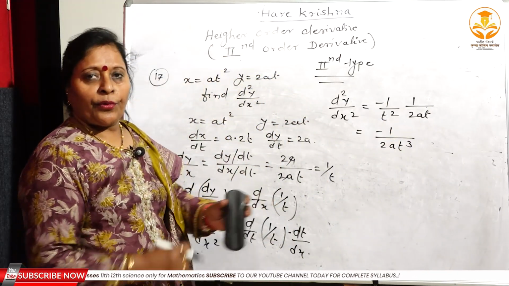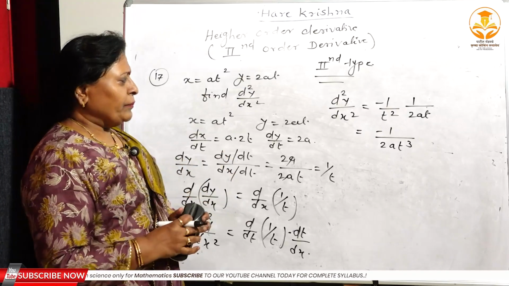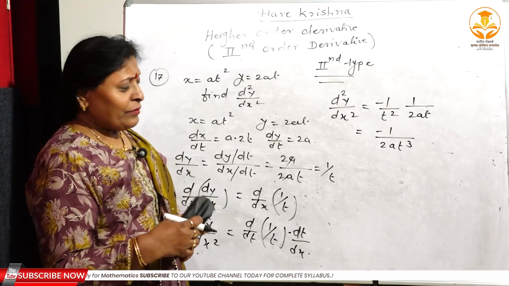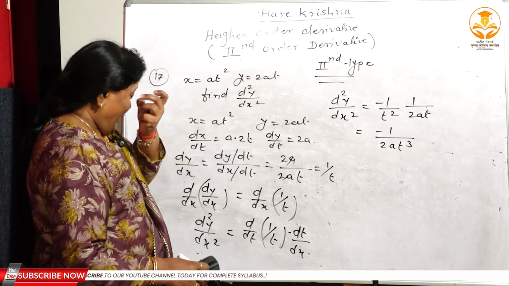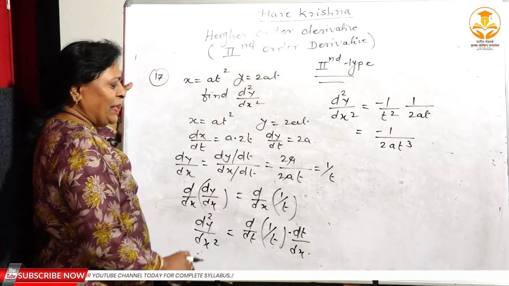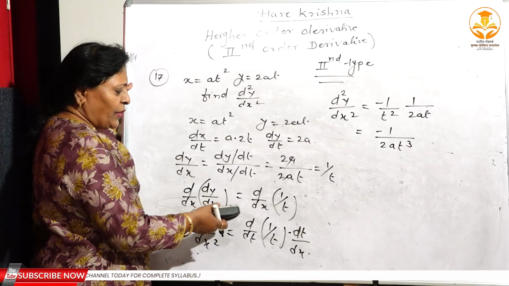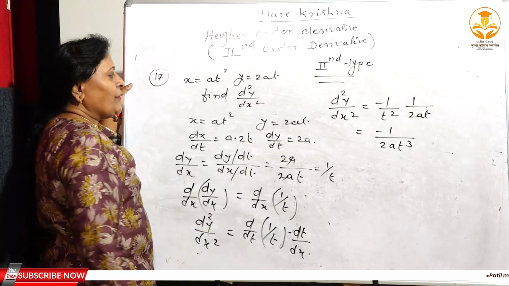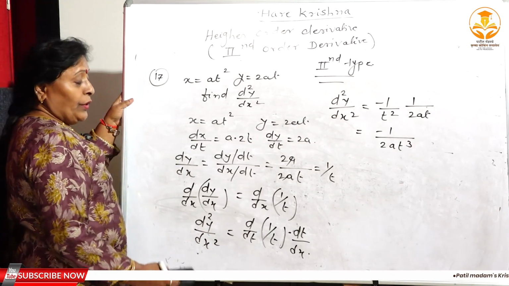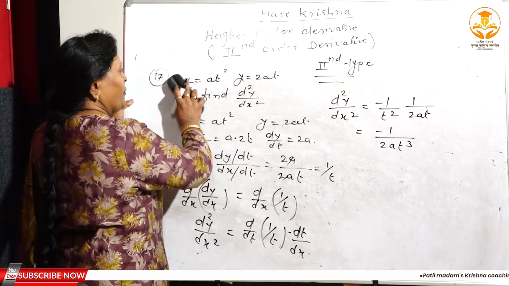This is a very important problem, and most students solve it the wrong way here, right? Because at once they write d2y divided by dx square as minus 1 upon t square, isn't it? But here the derivative is with respect to x and your function is of t. So here you have to be very careful, isn't it?